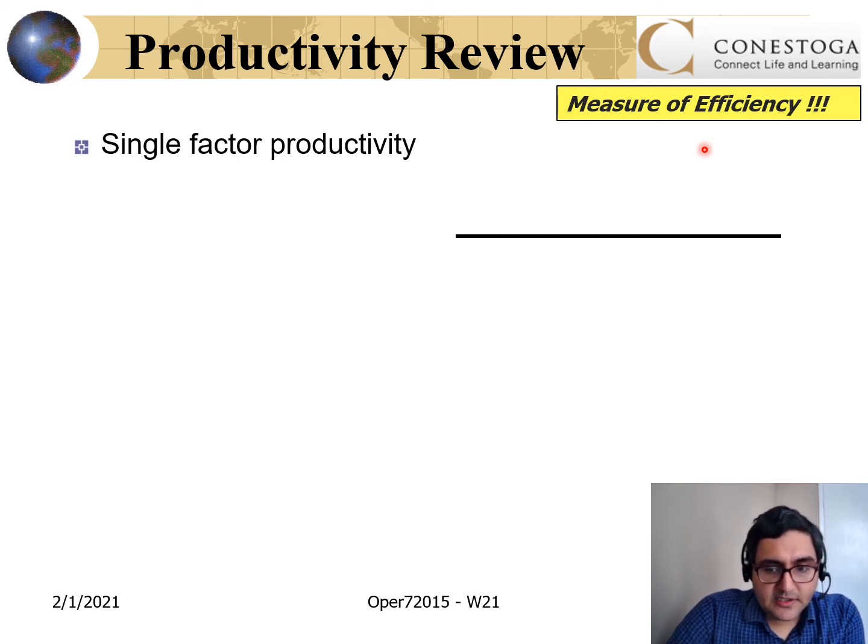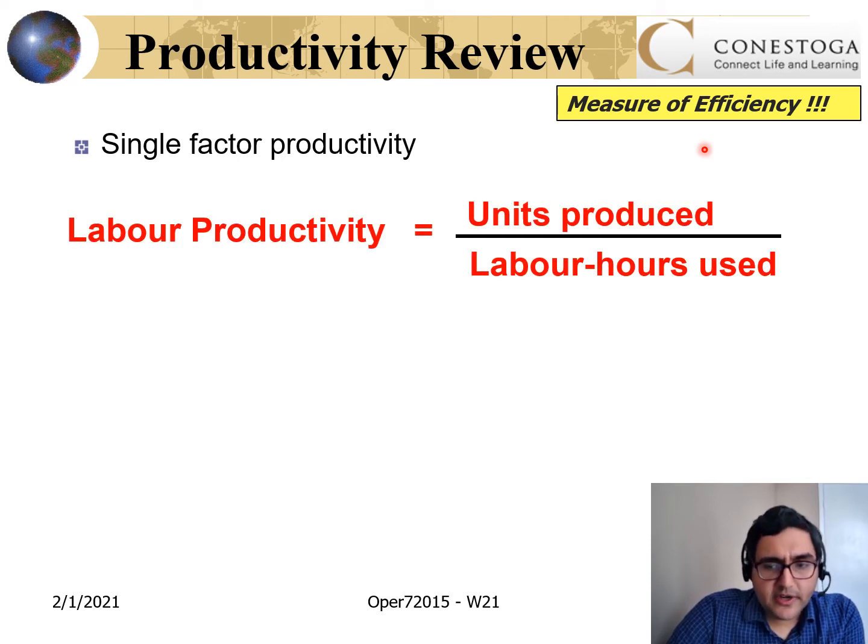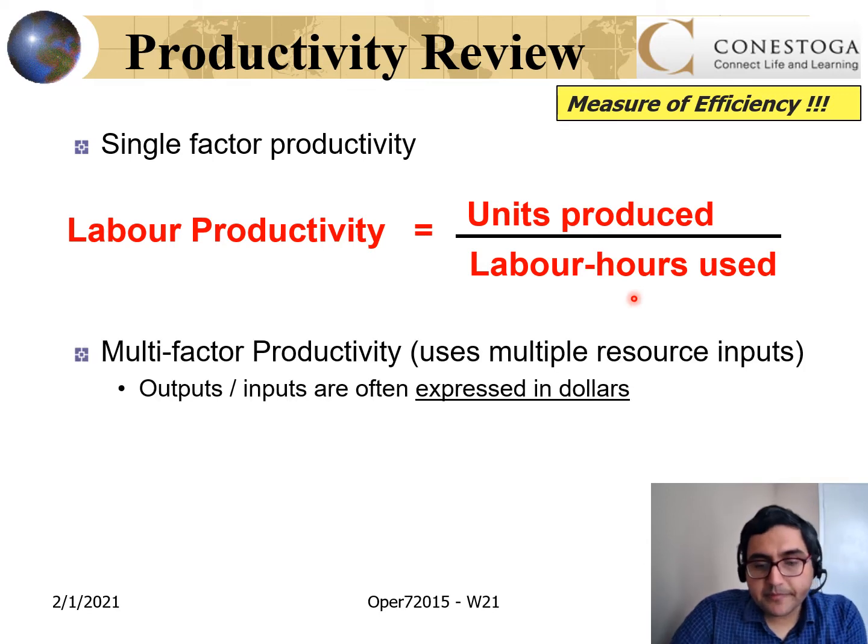So for a single factor productivity, say for example, labor productivity, we can calculate in terms of the number of units produced divided by the effort put in, which is the labor hours used. And remember that whenever you are doing a single factor productivity problem, always make sure to use the units properly.